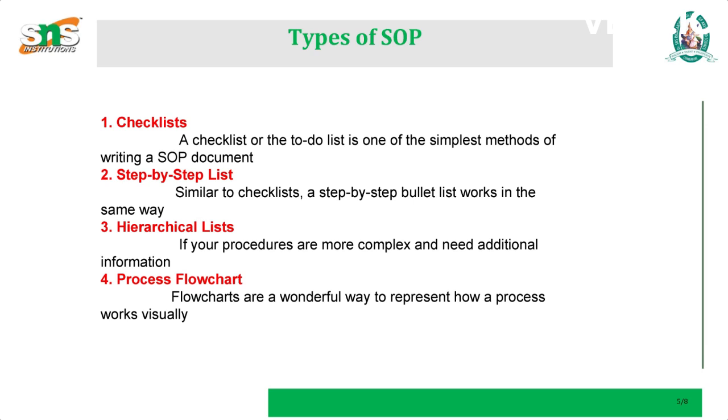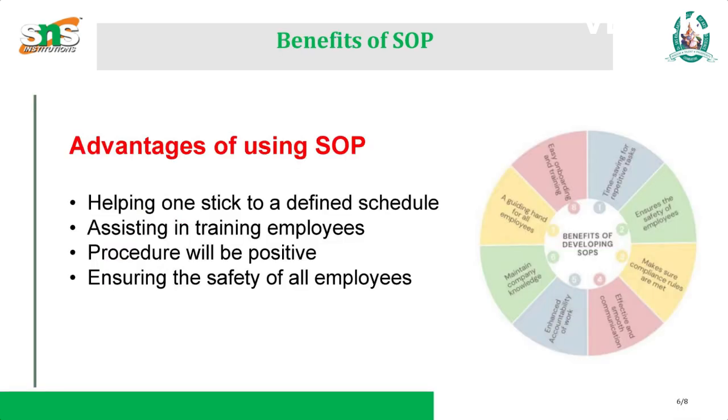So the next one is advantages of SOP. Helping one stick to a defined schedule, then assisting in training employees, then ensuring the safety of all employees. So why do we need an SOP? That is the advantage of SOP.